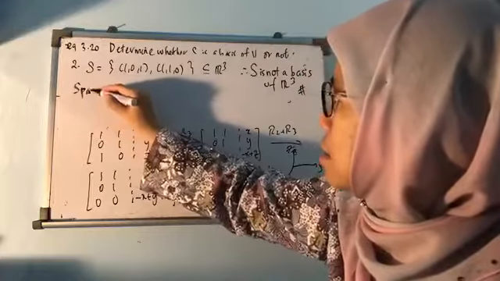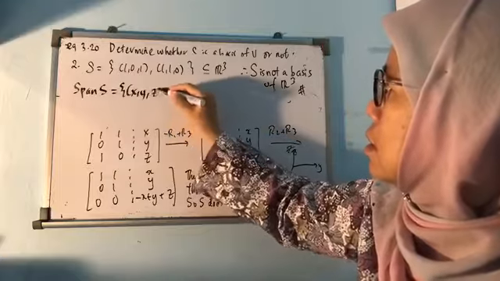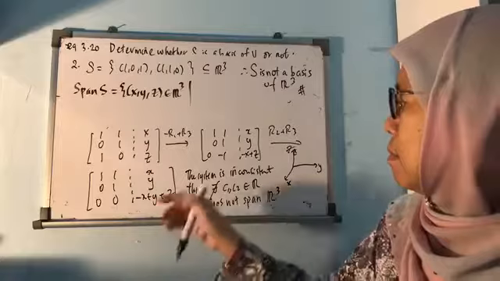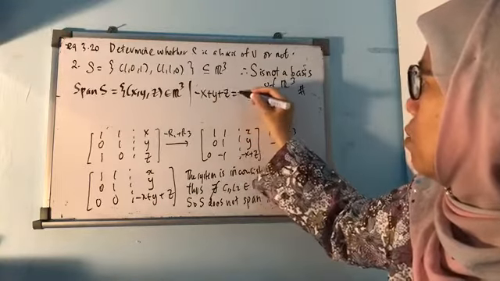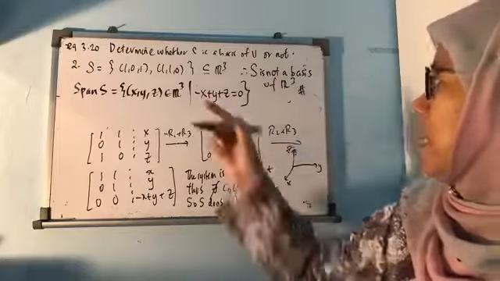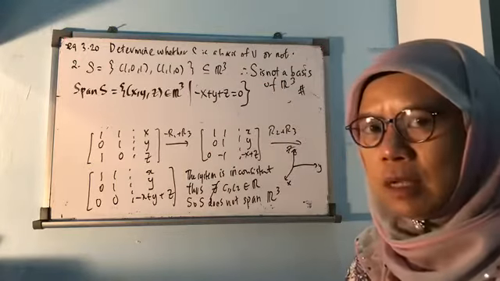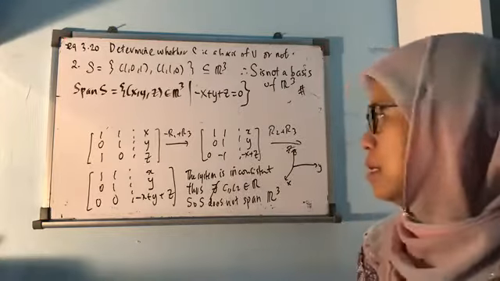Span S is equal to the set of x, y, z in R3 such that negative x plus y plus z equals 0. This is a plane, right? Or y equals x minus z. It's a plane, so it does not span the whole R3.